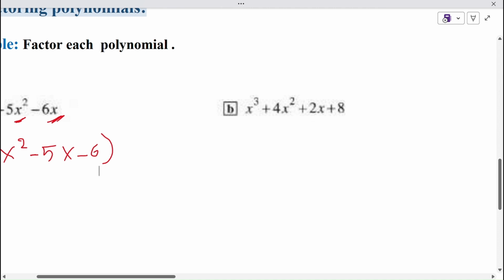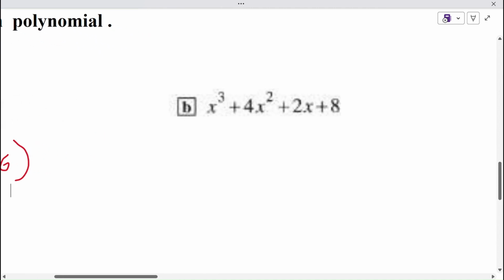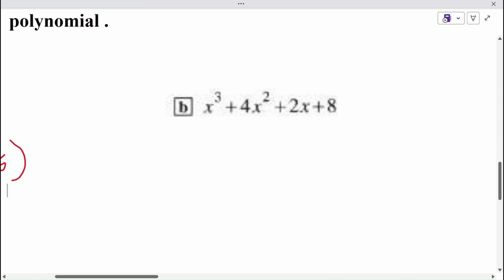Let's try this one, because in this example we have a number here. Look here, you have a number, so just combine these terms together, then these terms together. Here, which is common, variable or coefficient? We have a common variable. Here we have x to the power 2 and x to the power 3.